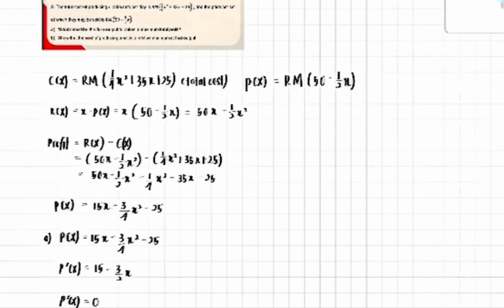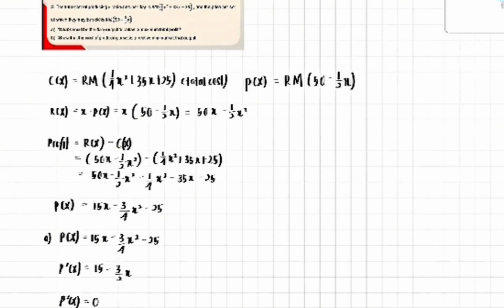So now I would like to explain to you guys about this question. What should be the daily output to obtain a maximum total profit? First of all, we have the total cost function C(x) equals Rm 1 over 4 x squared plus 35x plus 25. And then we have the price per set is Rm 50 minus 1 over 2x.